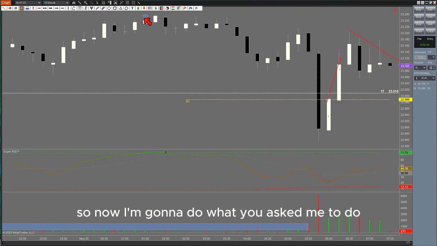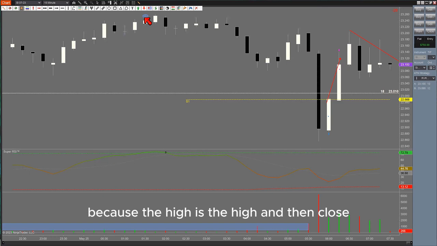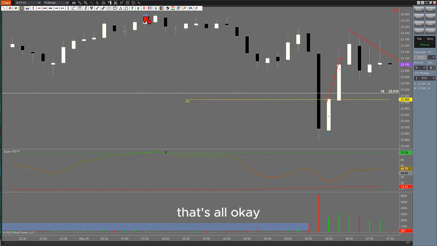So now I'm going to do what you asked me to do and tell you what the parameters are. So the low is 225, and the high is high minus close, because the high is the high, and the close, since it's a white candle, is the top of the body. So that close is 240.